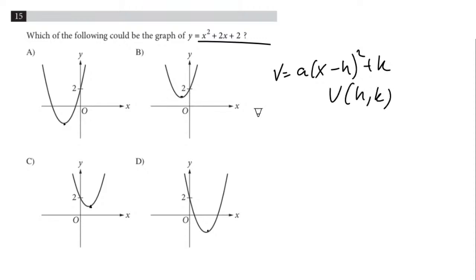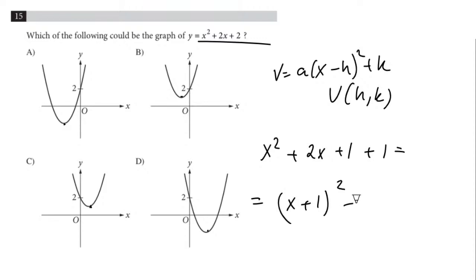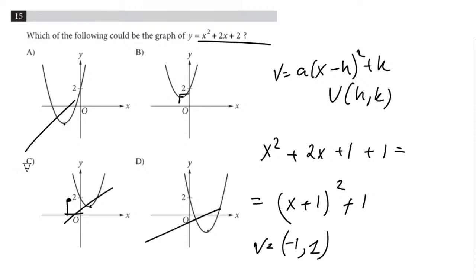So I need to make it a square: x squared plus 2x plus 1, right? And this is equal to (x plus 1) squared plus 1. So our vertex is minus 1 and 1, because it's plus 1 inside. So it should be somewhere here and here. Okay, this one works. No, no, no. The answer is D here.